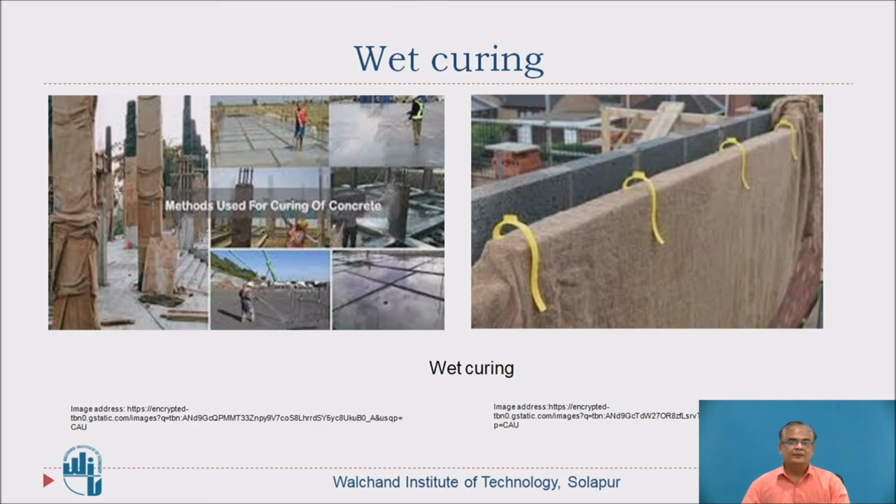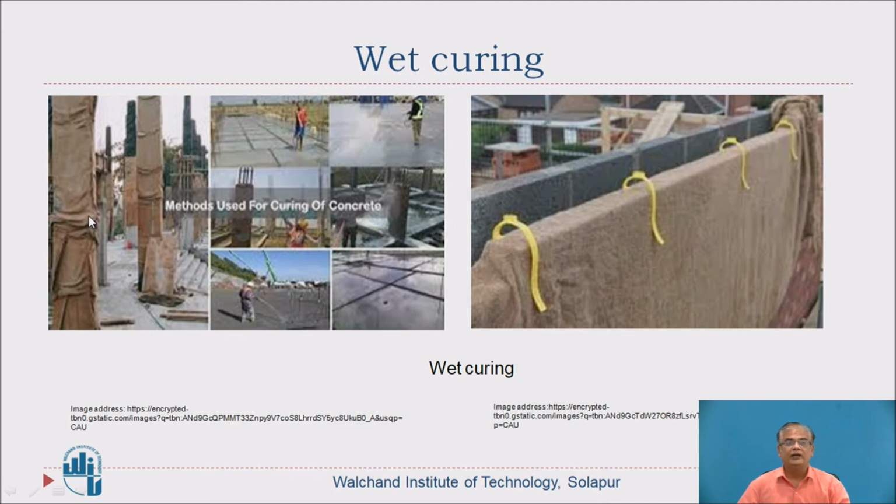Wet curing. Now, in this particular method of wet curing, what is done? Gunny bags are used. Those are covered on the concrete surfaces. For example, concrete columns are given curing by this particular method, or concrete columns are covered by these gunny bags, and these gunny bags will be sprinkled with water.